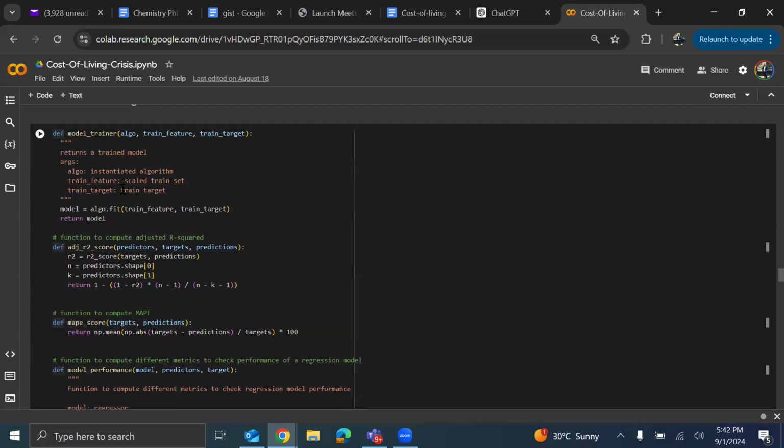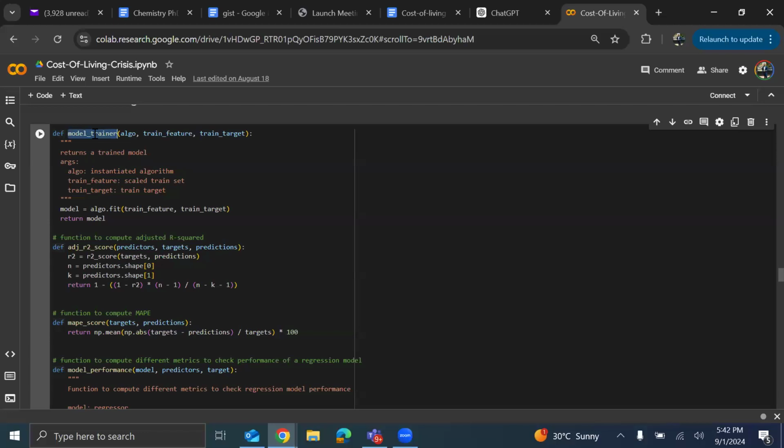The function we are calling is what fits all the different models. This first function, model trainer, takes in an algorithm. You can see I have a docstring here for it. It returns a trained model. The arguments: algo is an instantiated algorithm, the train feature is the scaled train set, and the train target is the train target.